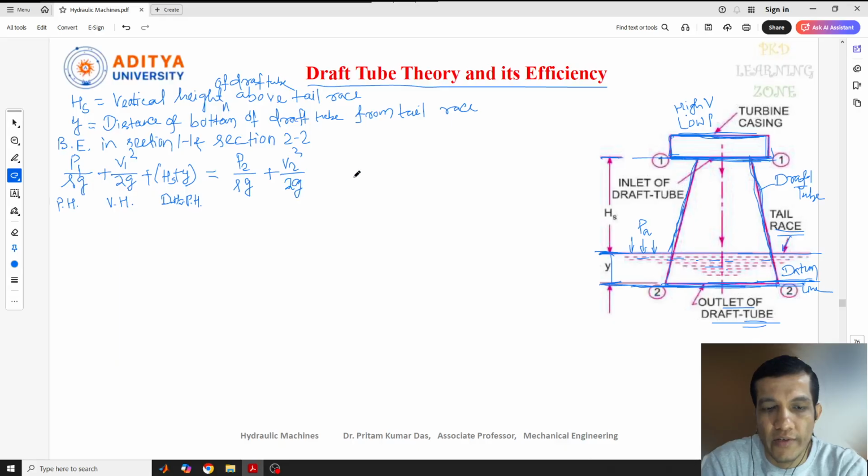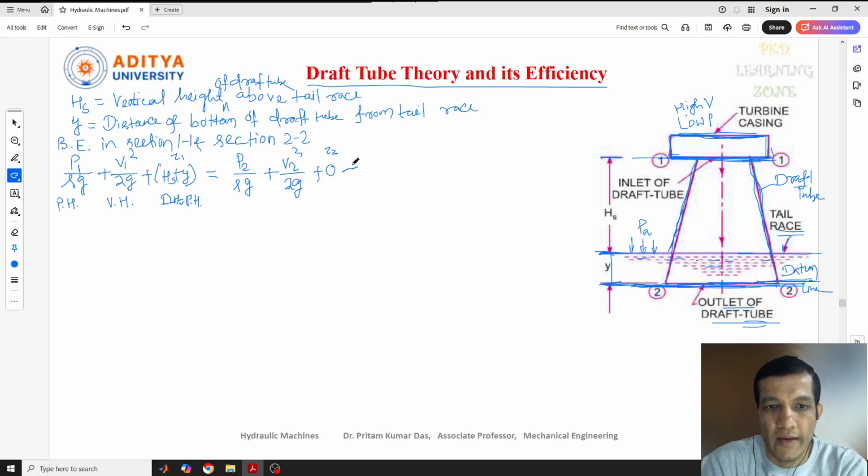Similarly, what is the velocity at the outlet condition and what is the velocity head at that point? And what is the datum head or potential head at this point? We have taken the datum line at this point, so there is no potential head here, because it starts from this baseline. So the Z2 value here we consider 0. This one we can consider Z1 and this is our Z2.